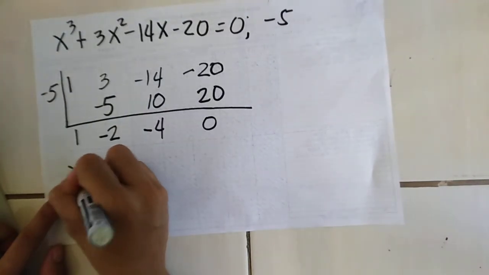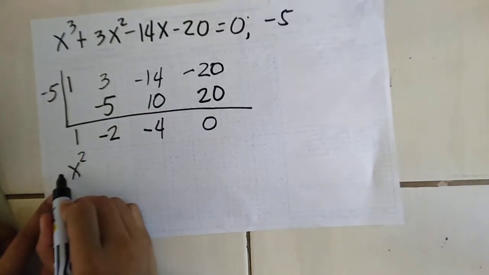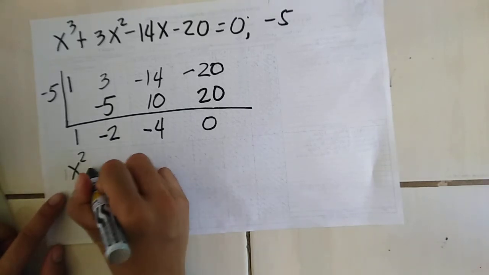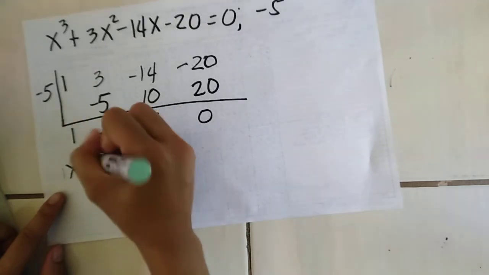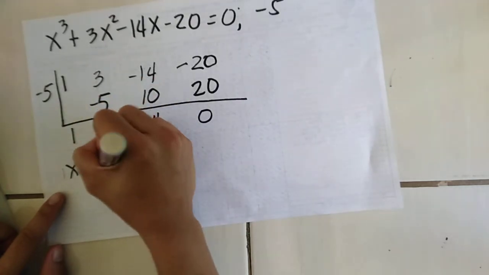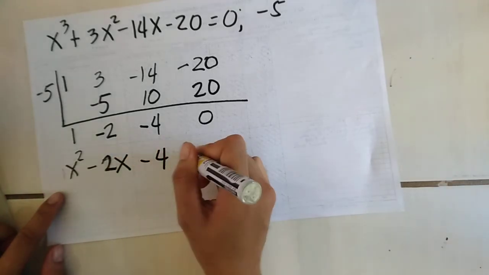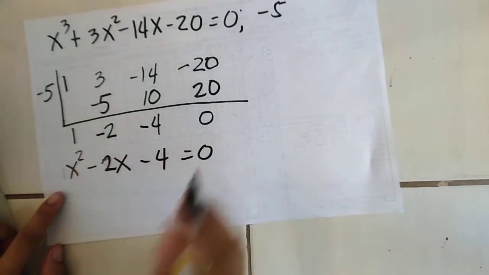So this is x squared minus 2x minus 4 equals 0. That is the rest of the polynomial.